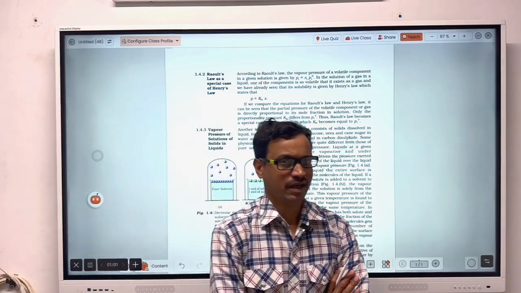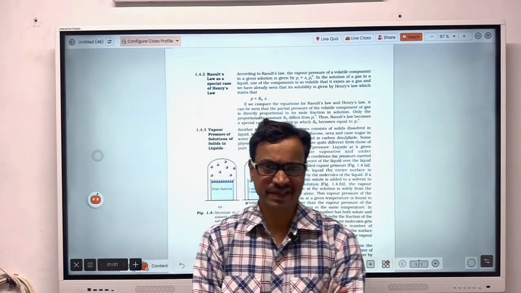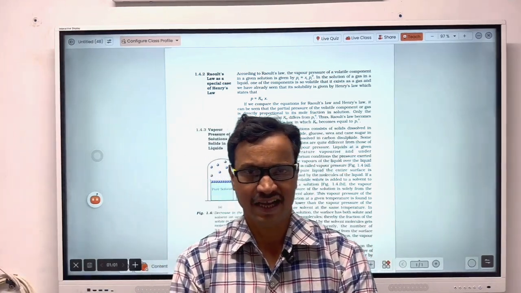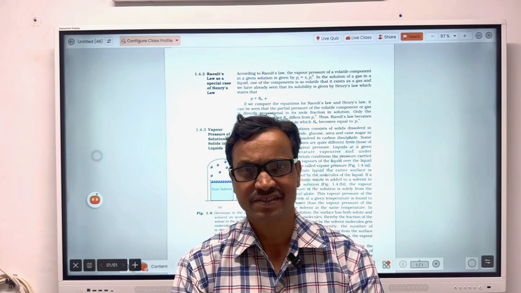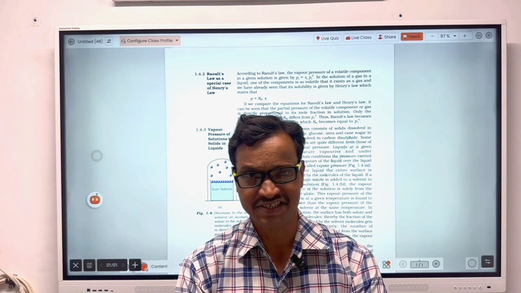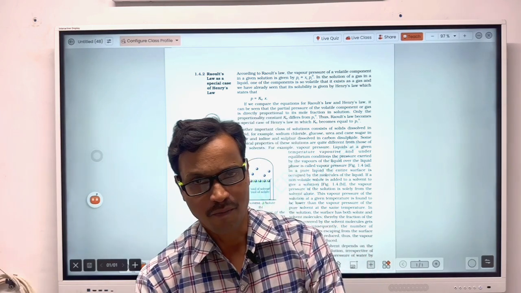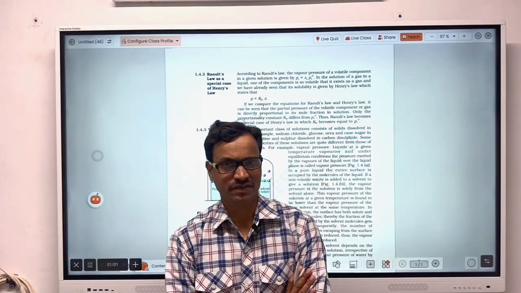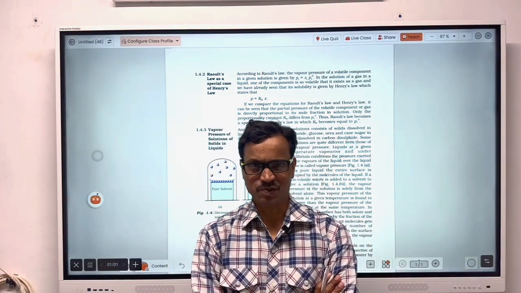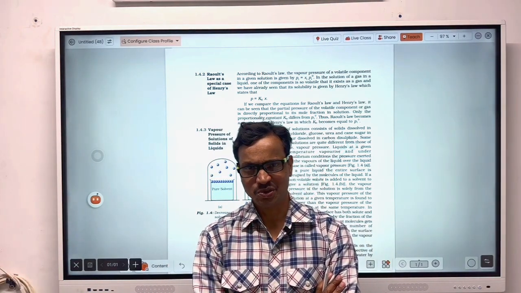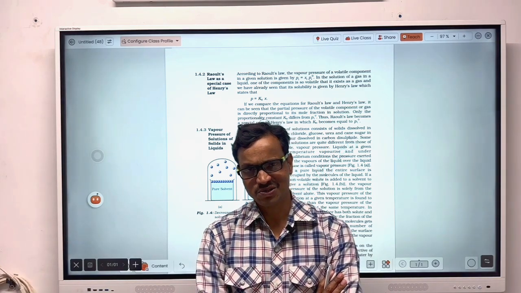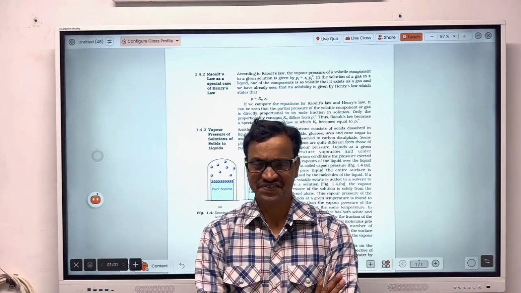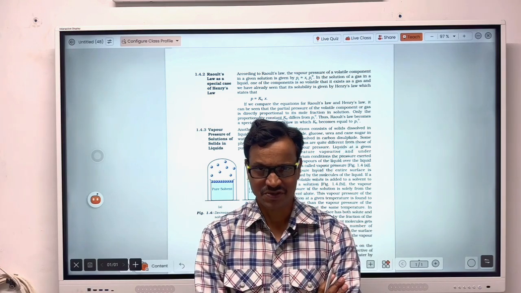That means there is a relationship between the mole fraction and the pressure, which are directly proportional. Henry's law also states the same thing, and Raoult's law also states the same concept.